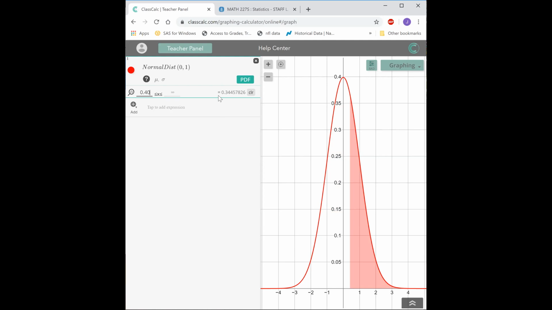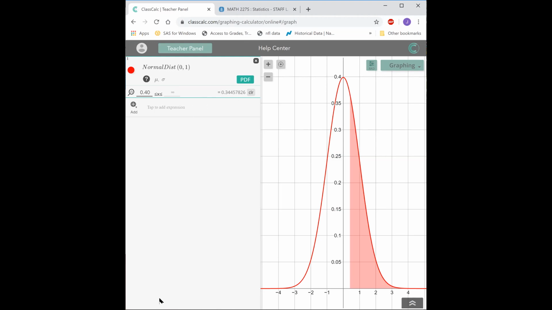So the area that we get is 0.3446. And that's your answer. So our final answer for this would be 0.3446.